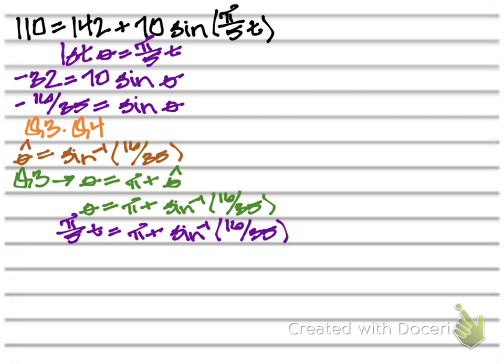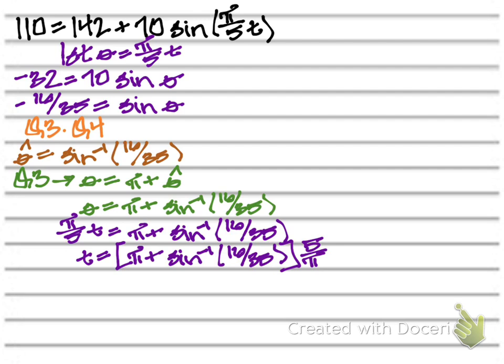So then to solve it for t, what do I need to do? Well, I need to multiply both sides by 5 over pi. So my first time here is pi plus the inverse sine of 16 over 35 times 5 over pi.